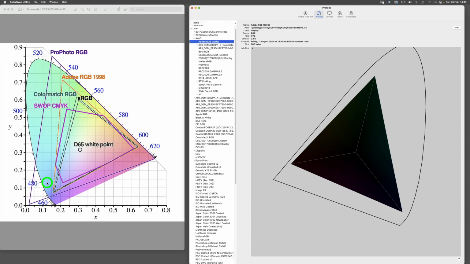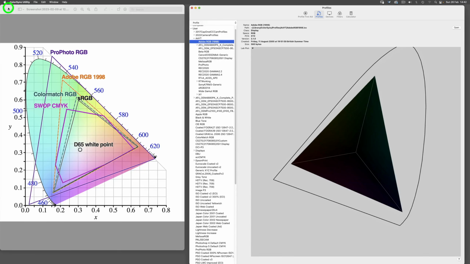But especially if you're into an archival type workflow, you need to be aware of the limitations of not archiving your images out in the ProPhotoRGB workspace. So I'm going to come to that now. Hopefully you've got this now, how these triangles line up with the gamut of human vision.